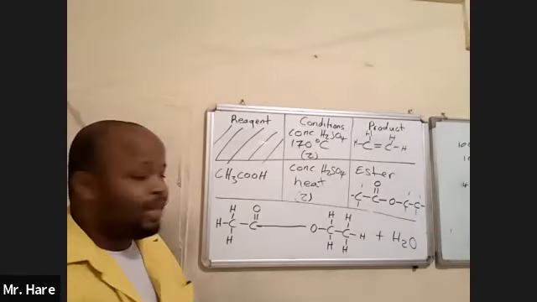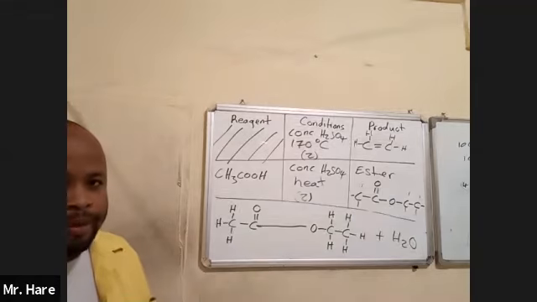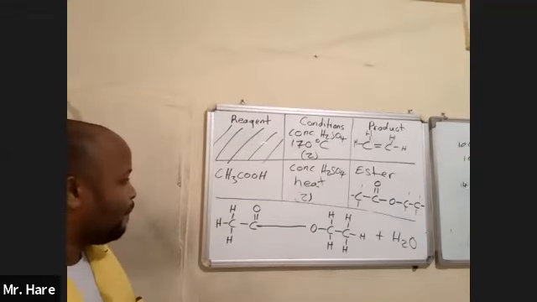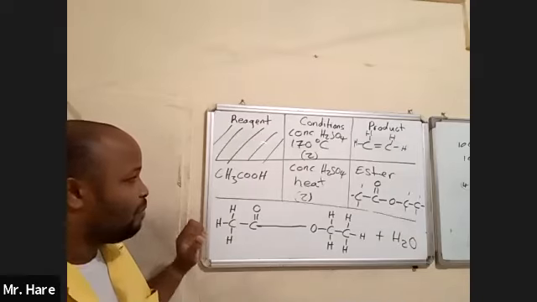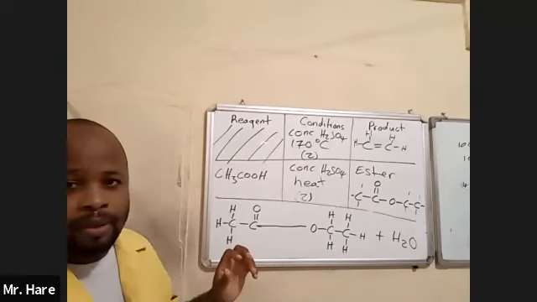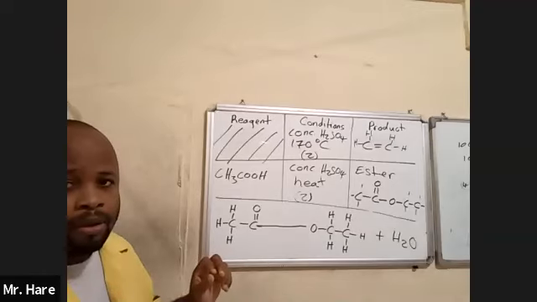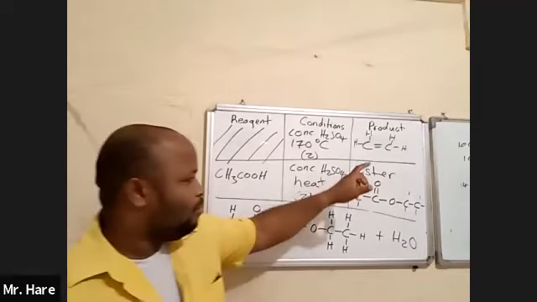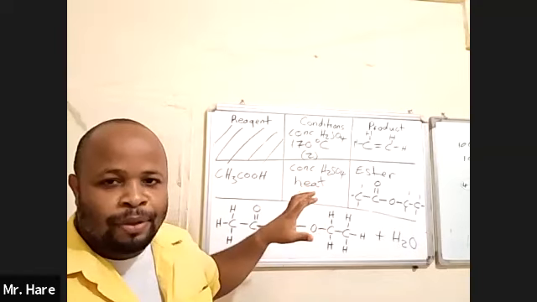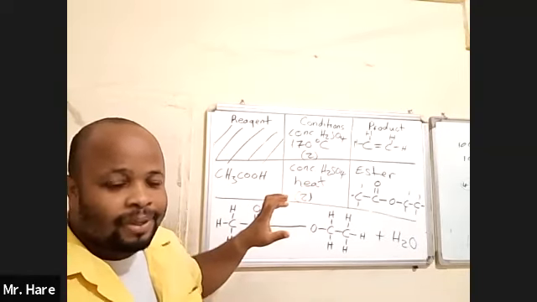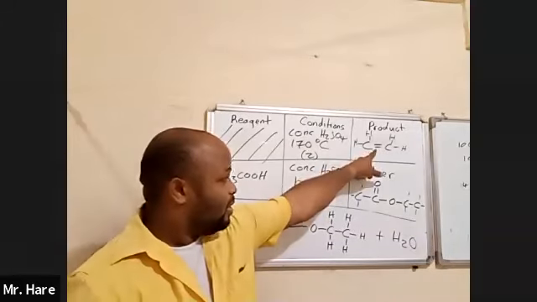Excuse me, sir. How do you differentiate alkene and alkane? In terms of experiment? Yes, overall. If it's by looking at the structure, alkenes have a double bond and alkanes have a single bond.